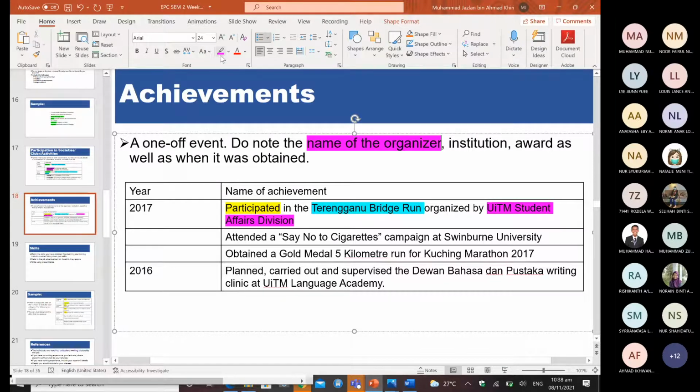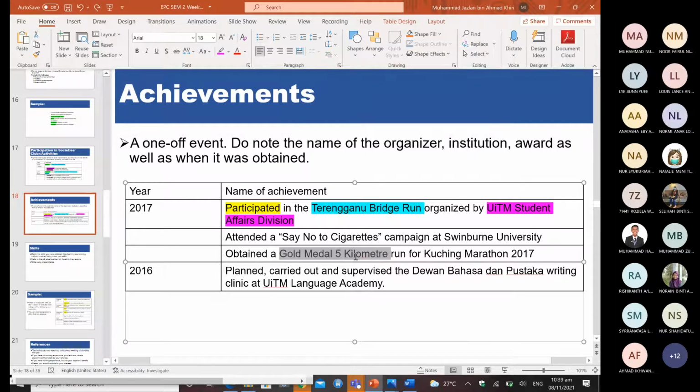The name of the organization is indicated in this purple pink color. Okay, this is the name of the event. And this is the name of the organizer.